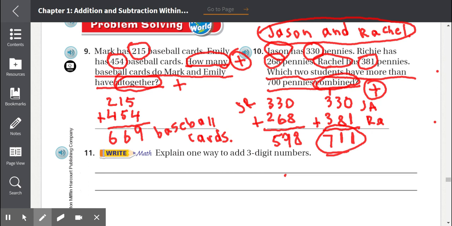Number 11. Explain one way to add three-digit numbers. One way we can add three-digit numbers is using place value.